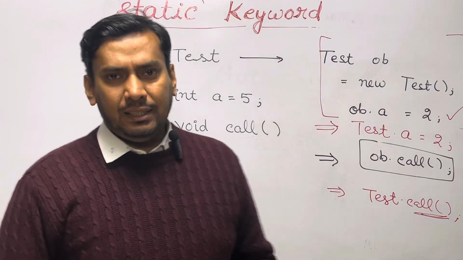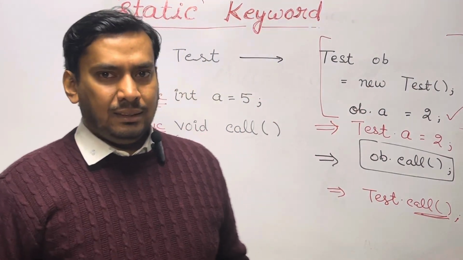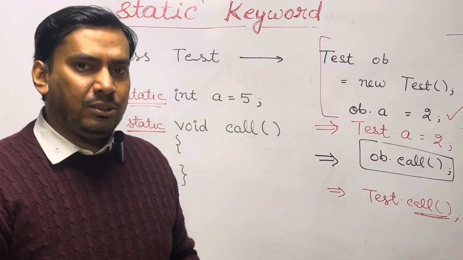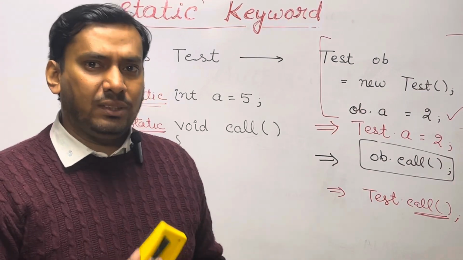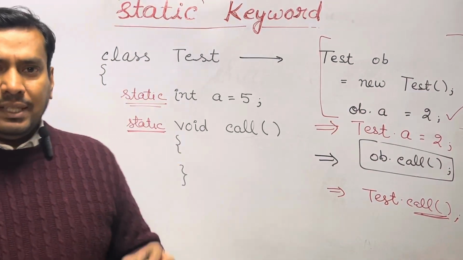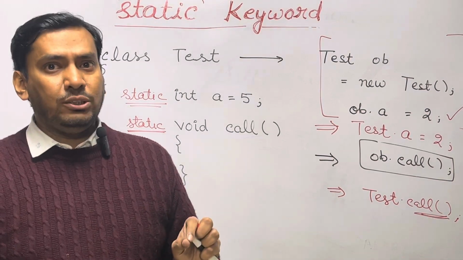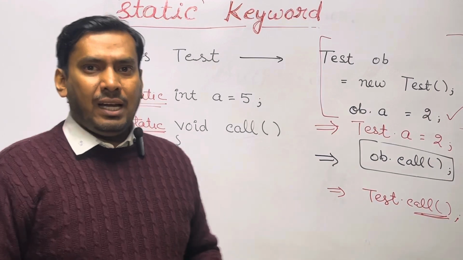Third thing that we can declare static is a nested class. Inside a class you can create some other class also, or inside the interface you can create some other interface or class also. So whenever you have any nested class, that nested class can also be declared static, that we will discuss in detail in the upcoming videos.